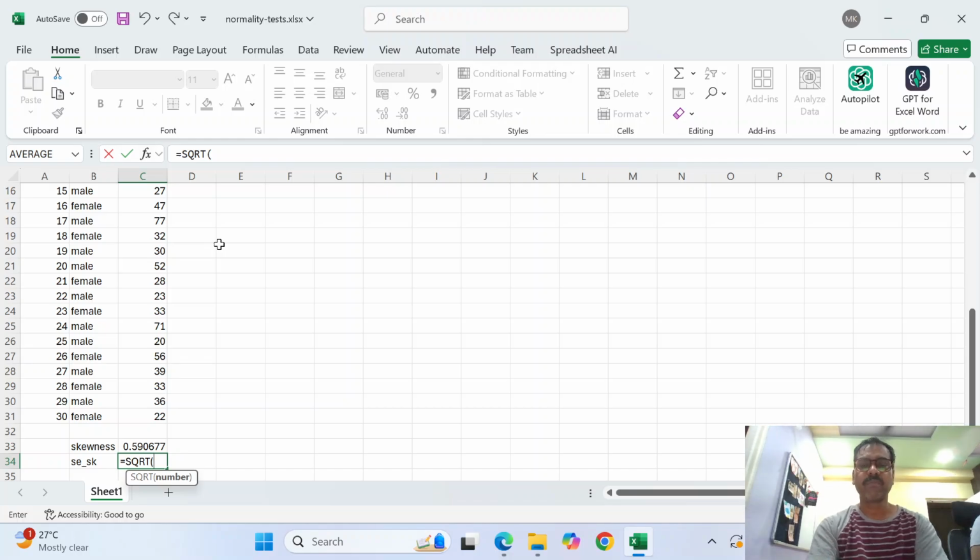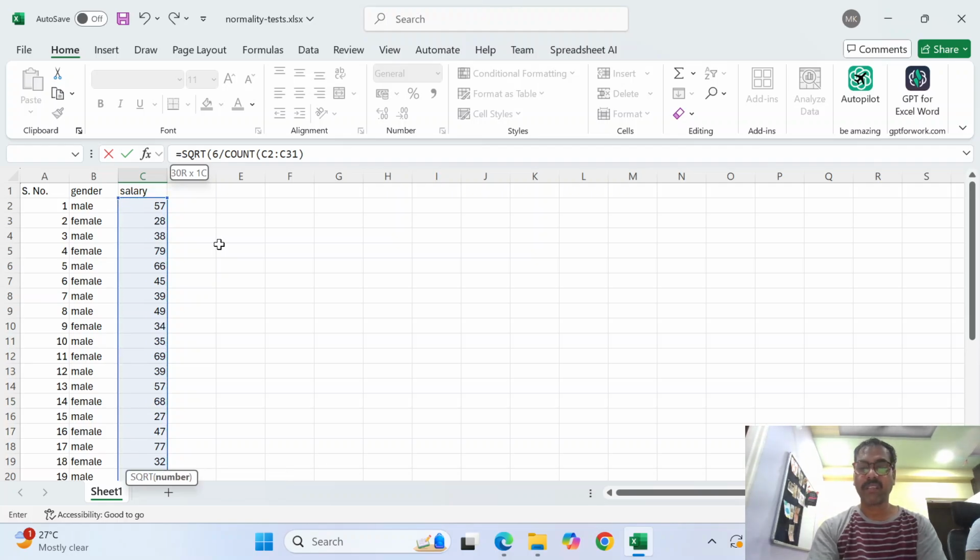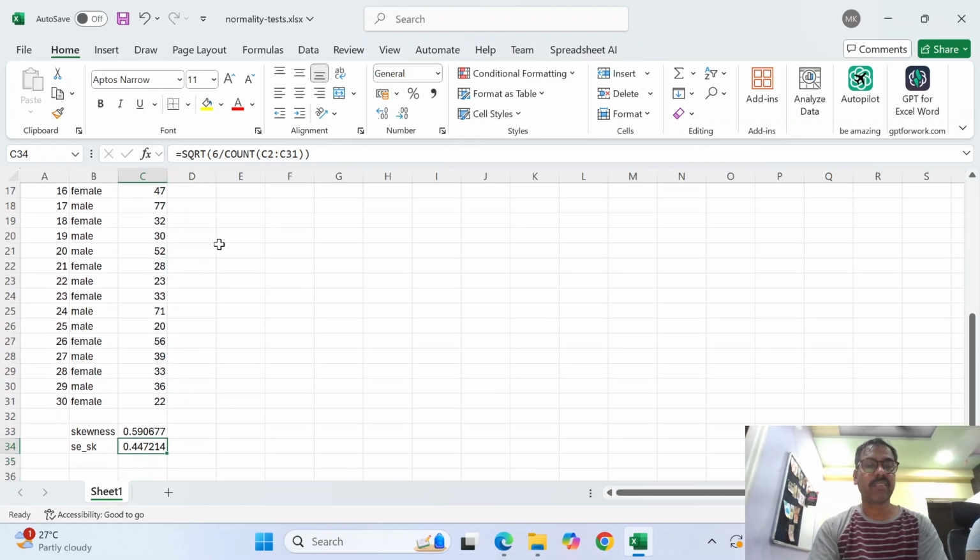This is one of the formulas I'm using, and it doesn't matter, you can use any one of them. Here the formula I'm using is the square root of 6 divided by n, where n is the count, that is, how many values I have. So this is the standard error of skewness.